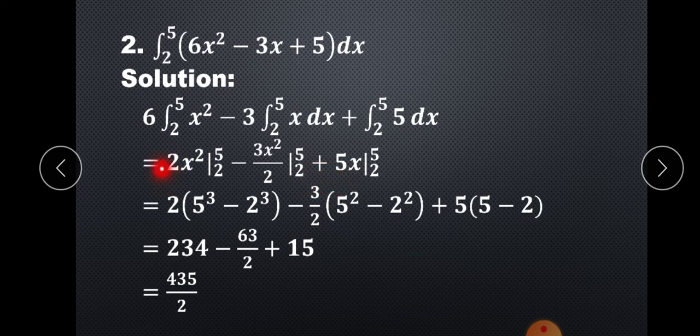Now we evaluate this: 2x cubed from 2 to 5, minus 3x squared over 2 from 2 to 5, plus 5x from 2 to 5. By simplifying, we have 2 times 5 cubed minus 2 cubed, minus 3 halves times 5 squared minus 2 squared, plus 5 times 5 minus 2.